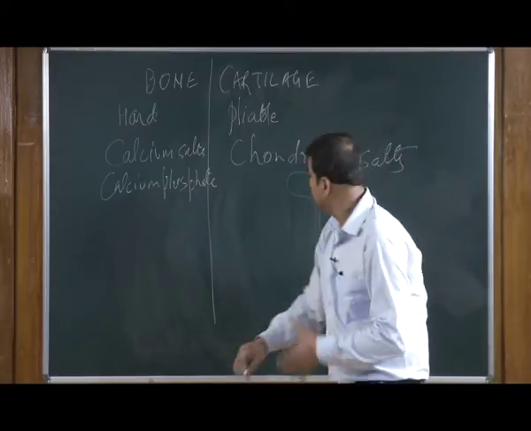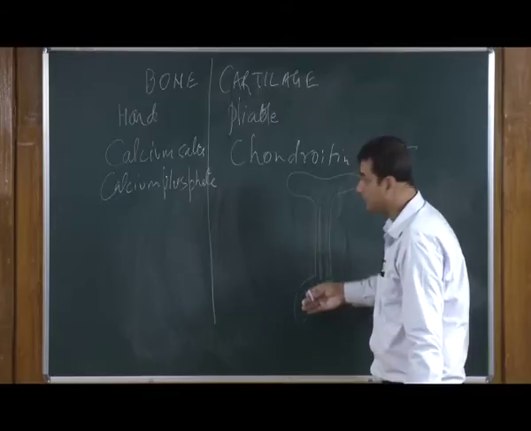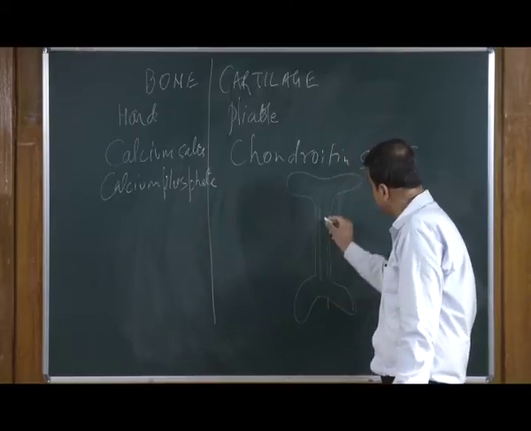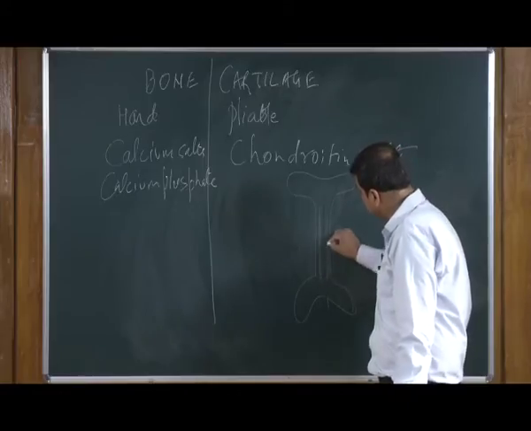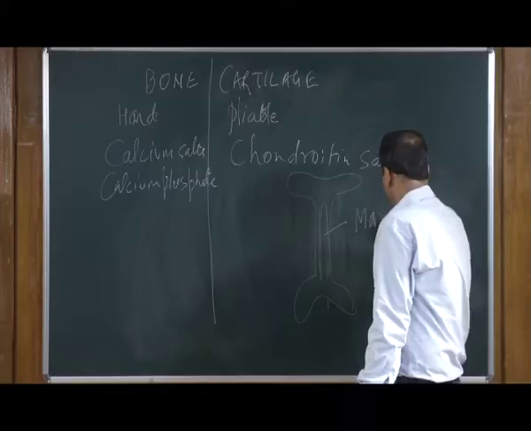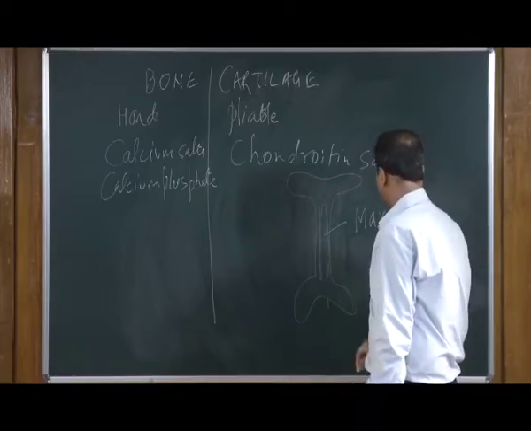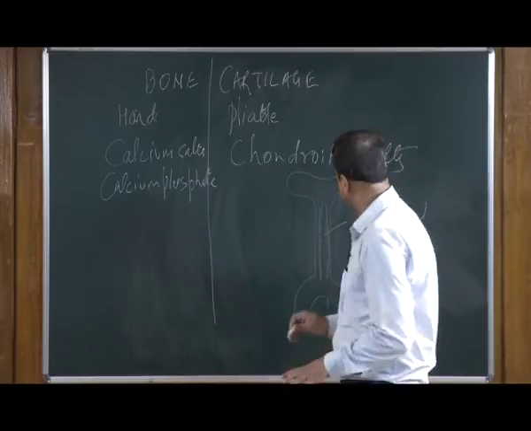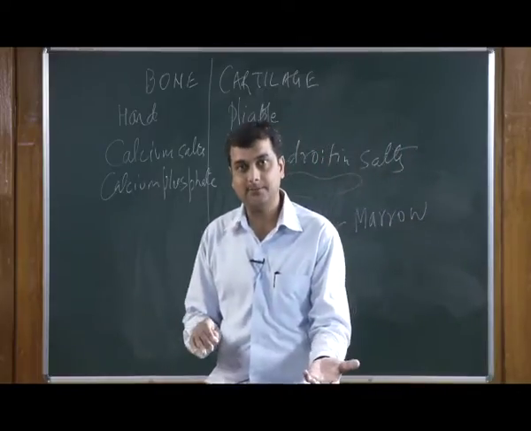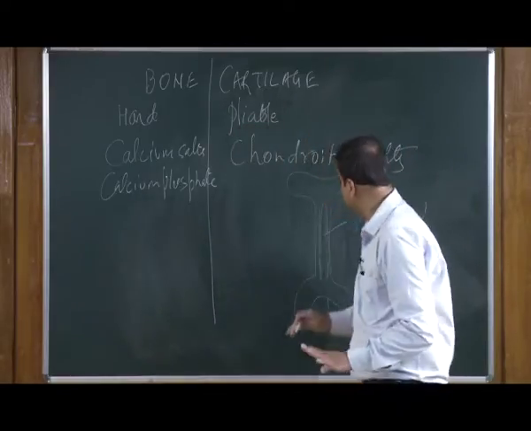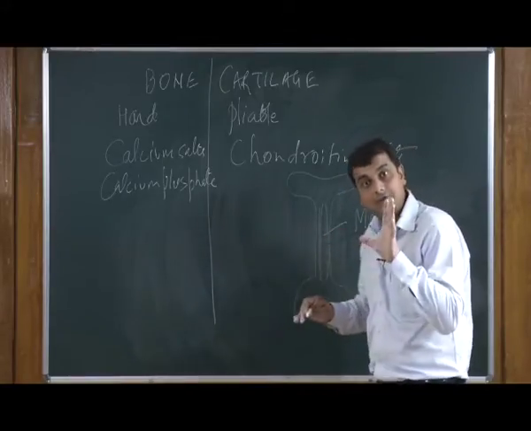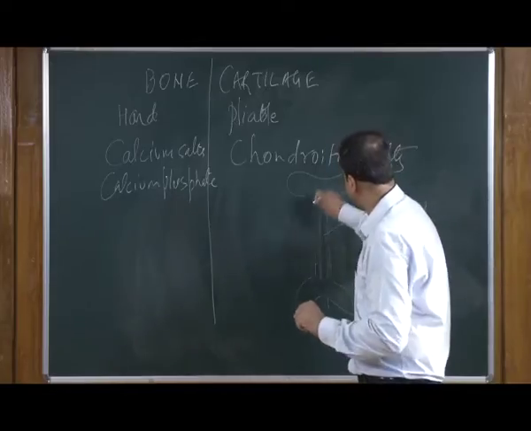If you take a longitudinal section, we will see that there is a cavity inside, and this is called marrow. We simply call it bone marrow. Bone marrow is the area where the actual RBC formation takes place. The red blood cell formation takes place here in the bone marrow. That is why bone marrow is a very important area in a long bone.